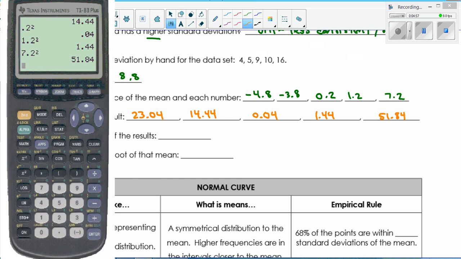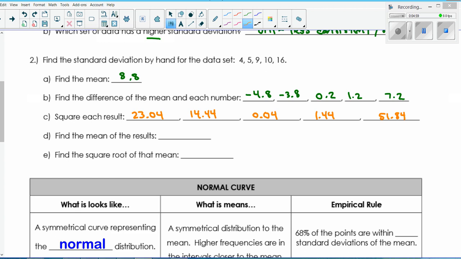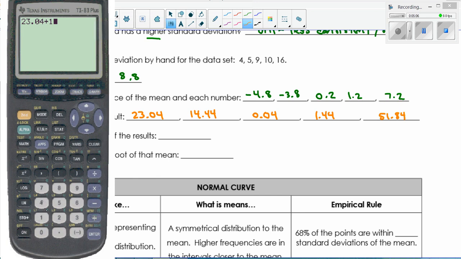Next part, find the mean of the results. So now we're going to add up all these numbers and again divide by 5. And we get 18.16.